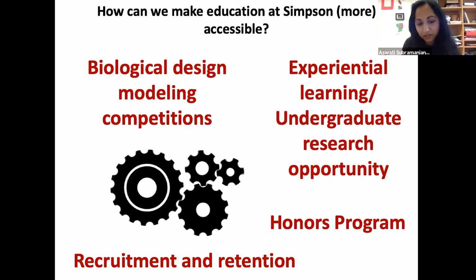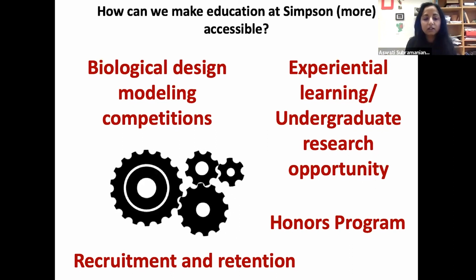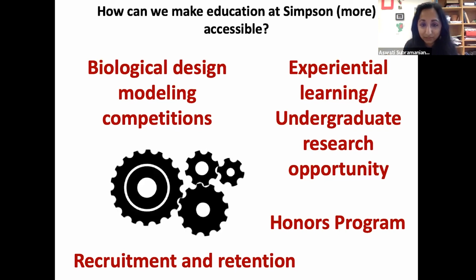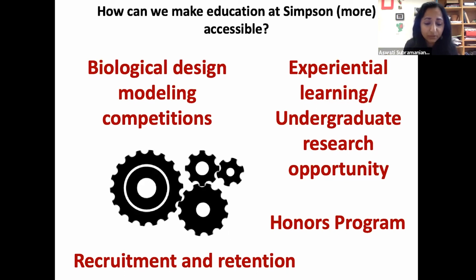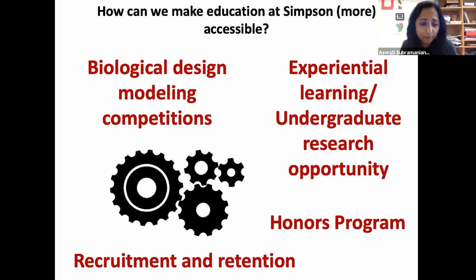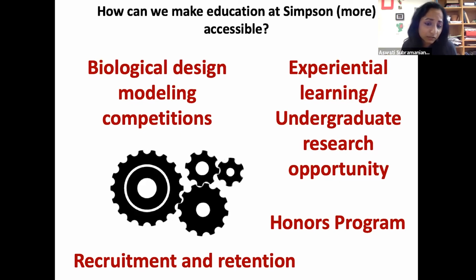So for example, admissions is working a lot, the college is working a lot towards recruitment of ideas that are accessible to our students and to bring in students through fields such as athletics, speech and debate, and so on and so forth.